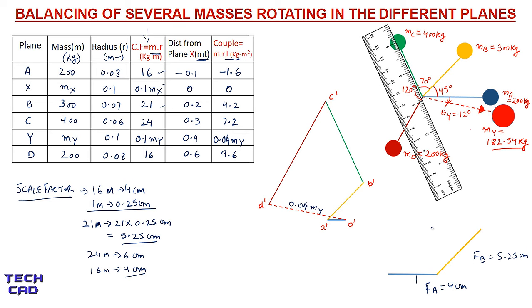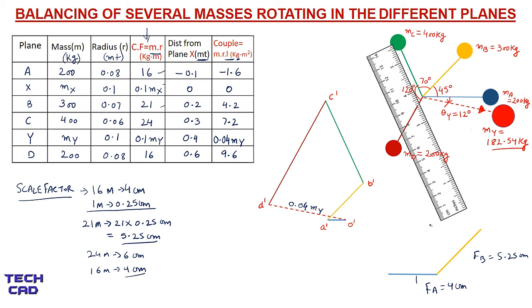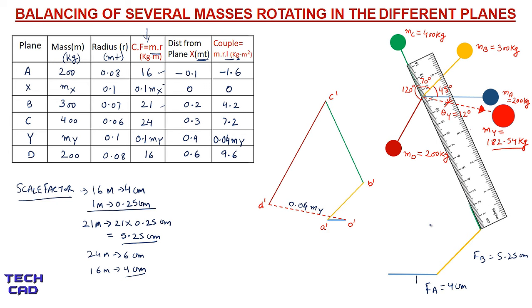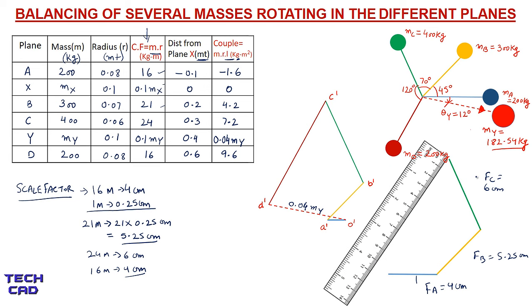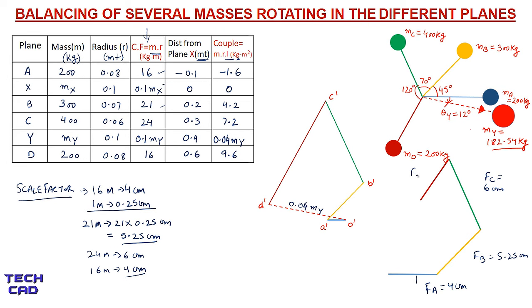In the same way again take a scale, make it parallel to mass C and make a line here which is 6 centimeter. So this is a 6 centimeter line and this is FC. In the same way, take a scale again and make it parallel to mass D and make a line of 4 centimeter because FD is 4 centimeter as per the scale factor.